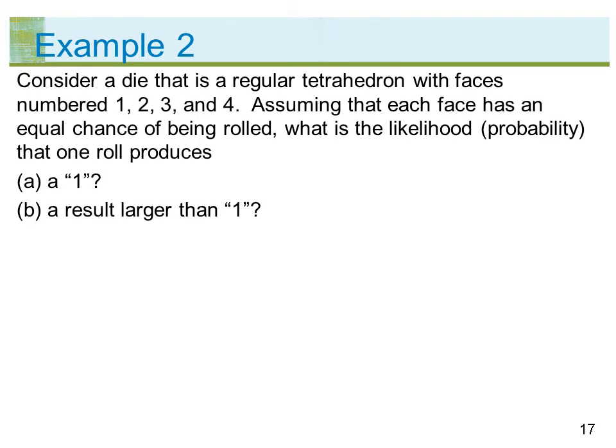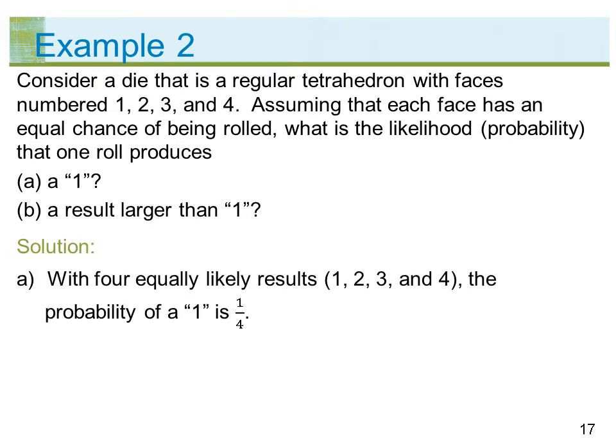Consider a die that is a regular tetrahedron with faces numbered 1, 2, 3, and 4. Assuming that each face has an equal chance of being rolled, what is the likelihood, probability, that one roll produces A. A number 1, B. A result larger than number 1? Solution.